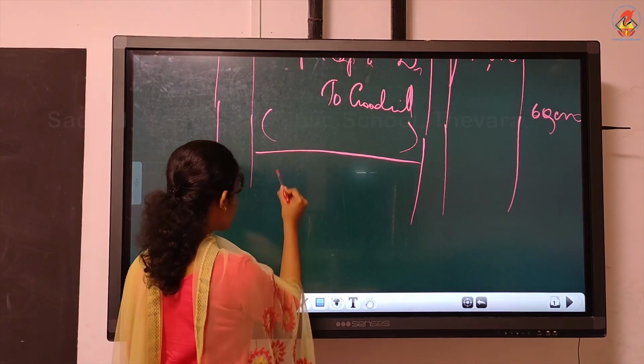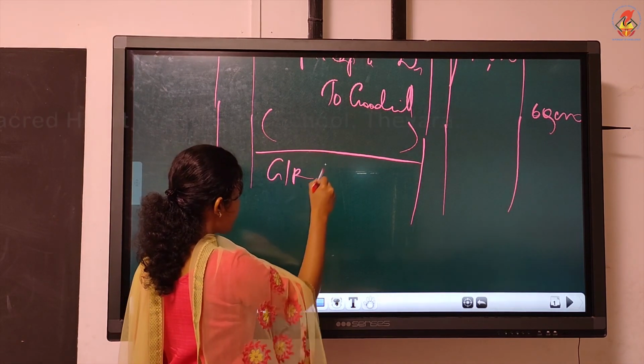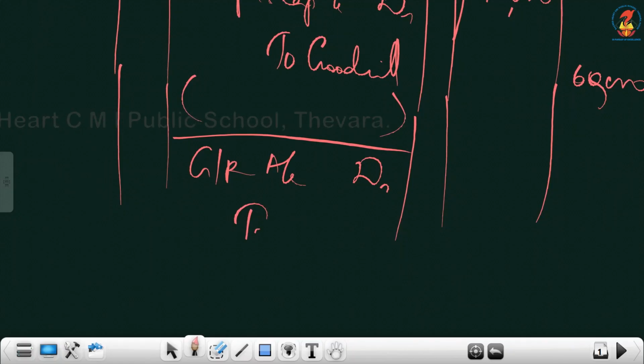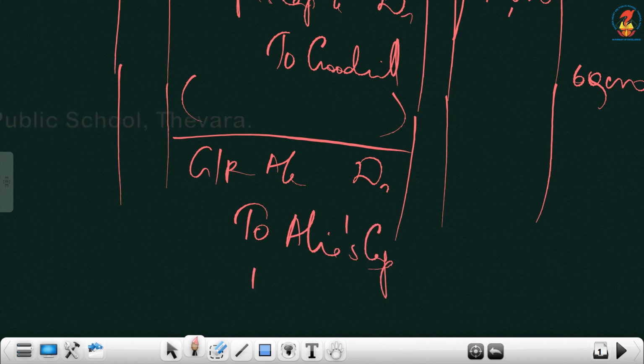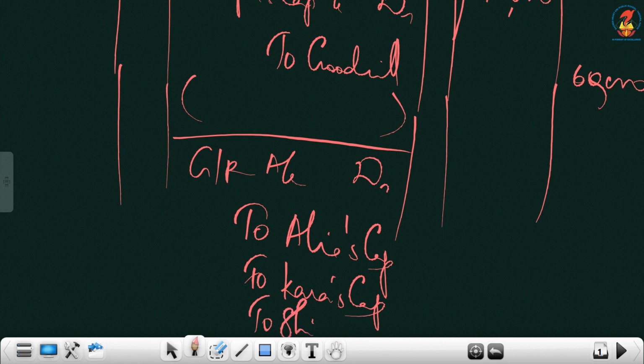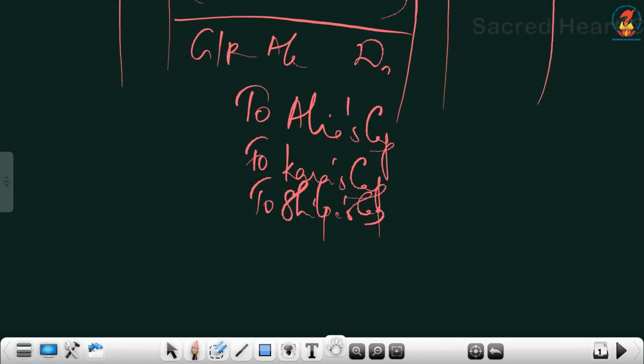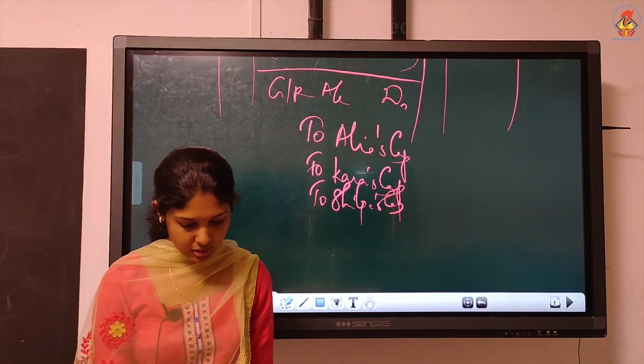Partners' capital is getting credited, so your entry will be General Reserve Account debit, to old partners. All three are old. To Alia, to what are their names? To Karan and to Shilpa. And the amounts will be, the general reserve is 20,000.